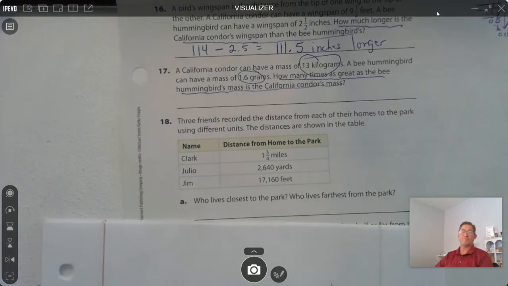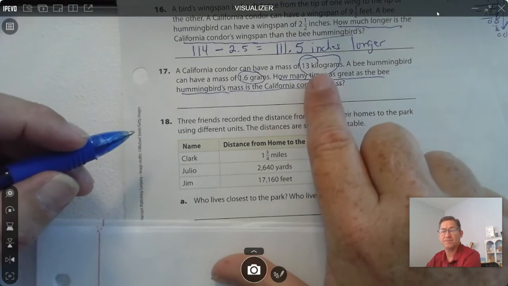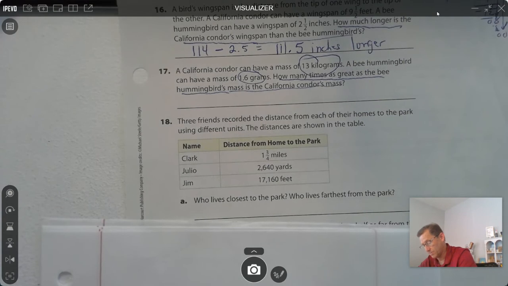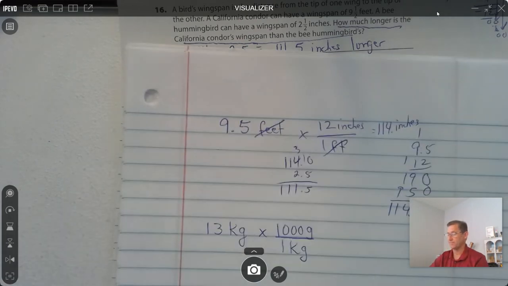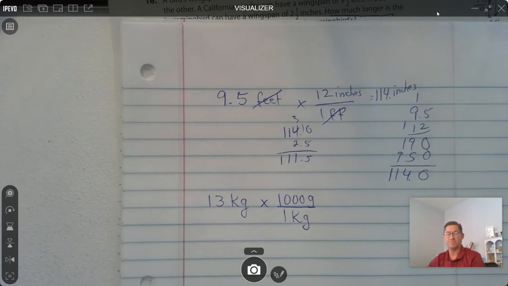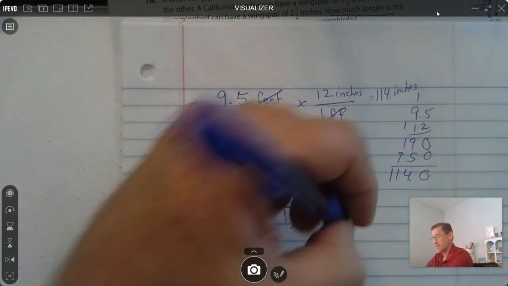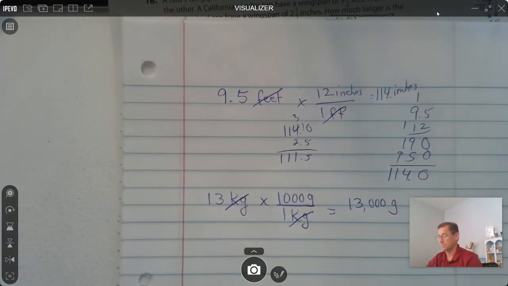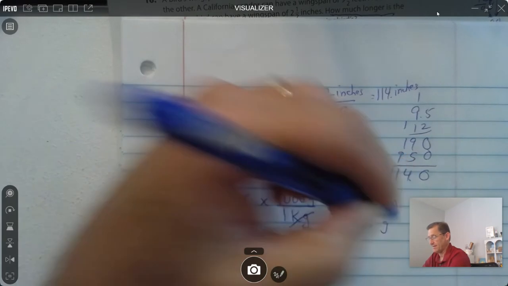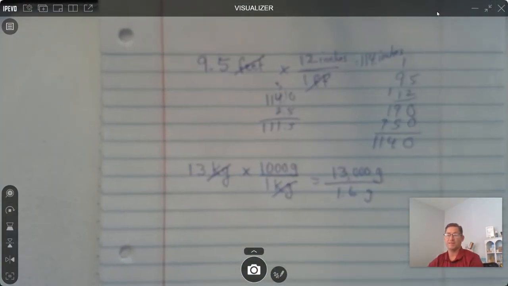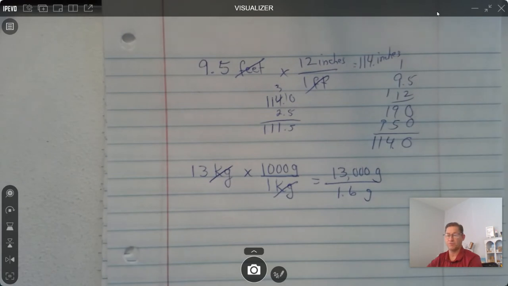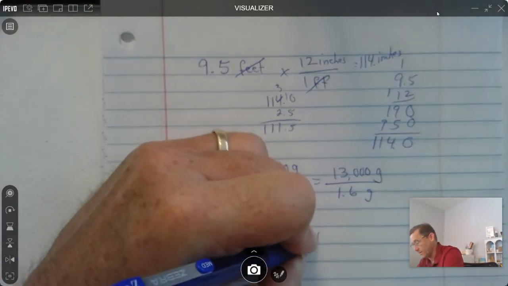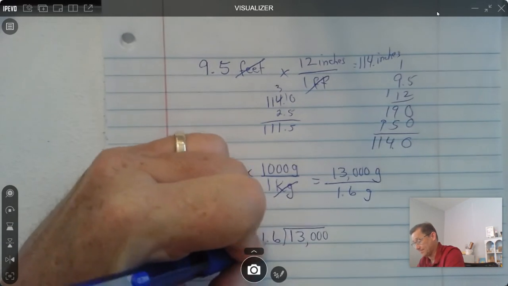Okay, so right now we don't have the same units, so let's change the 13 kilograms into grams. So 13 kilograms, and there's 1,000 grams in every kilogram. The kilograms can divide out, leaving us 13,000 grams. Well, if we divide 13,000 grams by 1.6 grams, that'll tell us how many times greater the California condor's weight is.